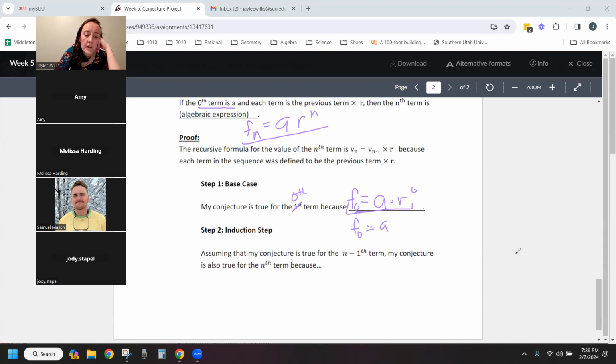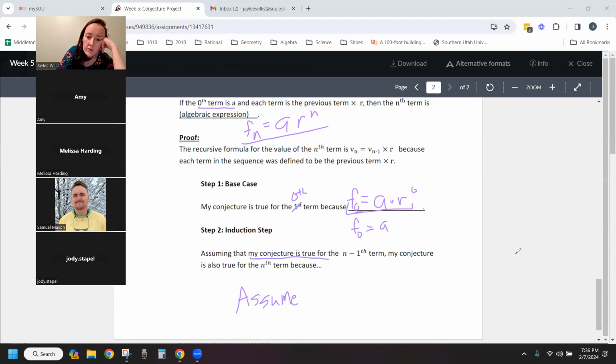And then what are we going to assume for our induction step? Remember, all induction steps start with the same assumption.